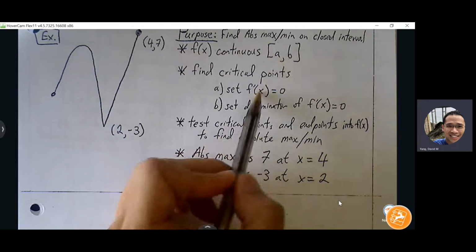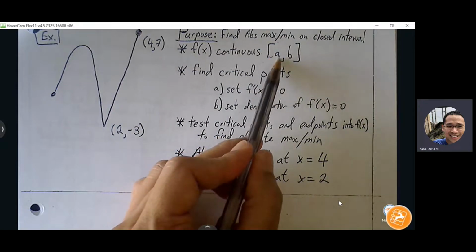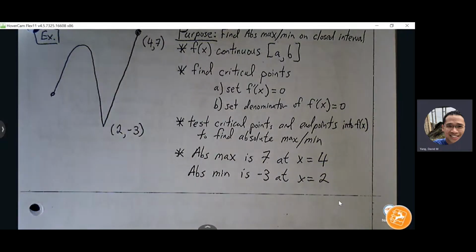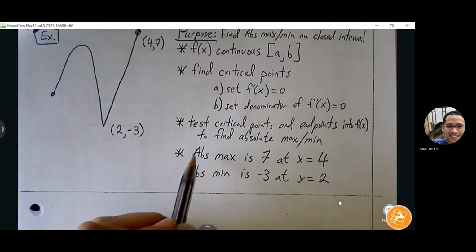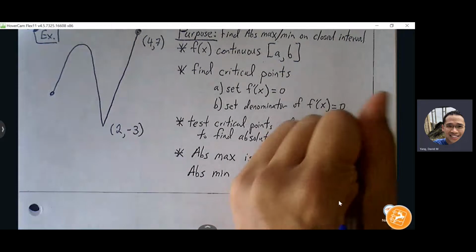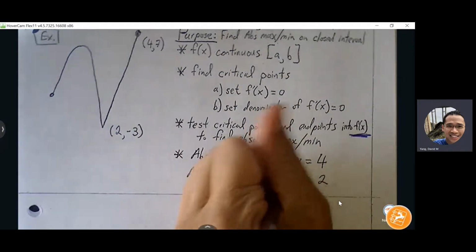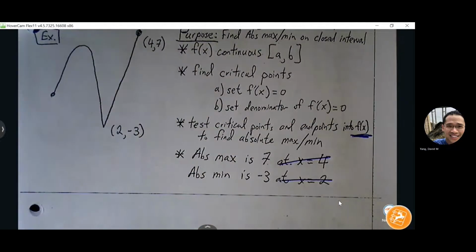We're continually checking our interval to make sure it's still part of the problem. If it's outside our problem, we just ignore it. Make sure you're inserting your candidates into the original function, and you only care about the y value, so we can just ignore the x value here.